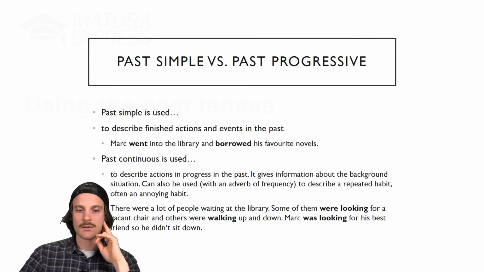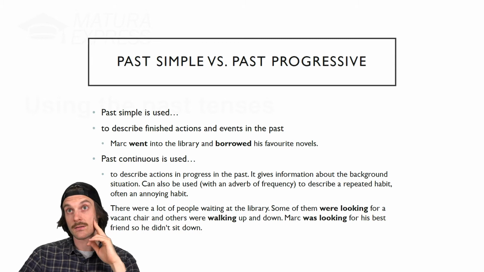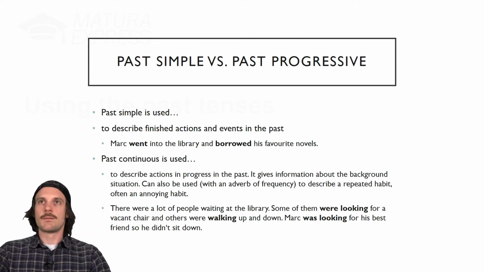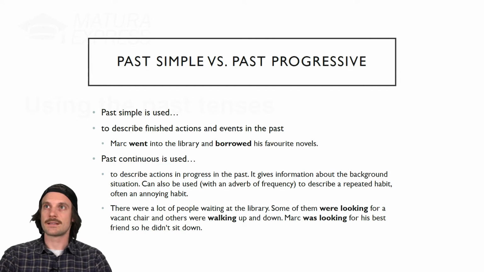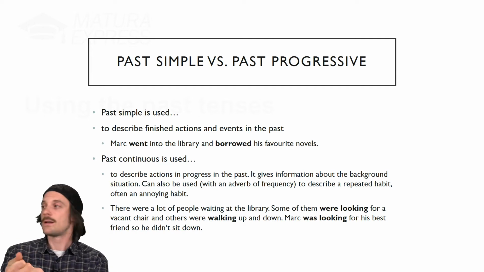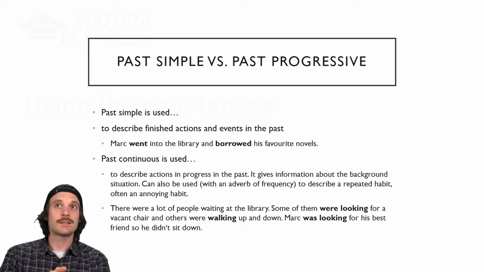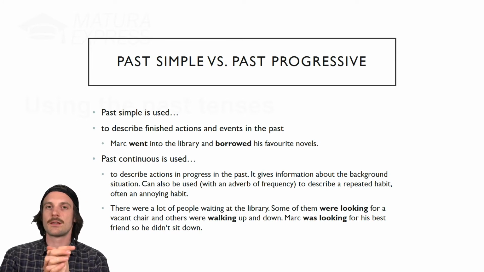Let's start with a comparison between past simple and past progressive, or sometimes called past continuous, or the inform. Basically, we can say that the past simple is used to describe finished actions and events in the past.